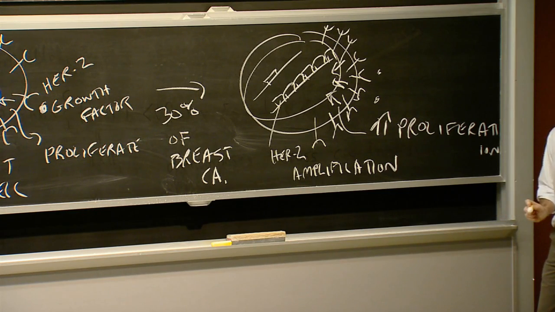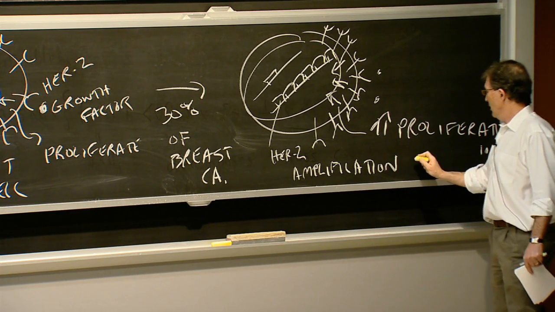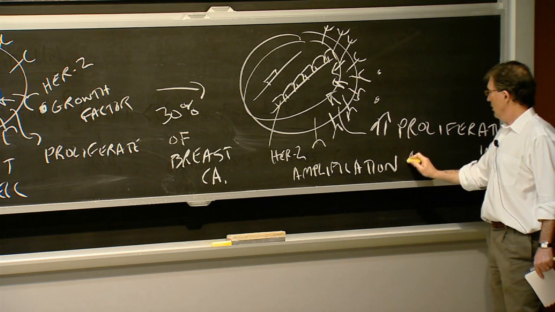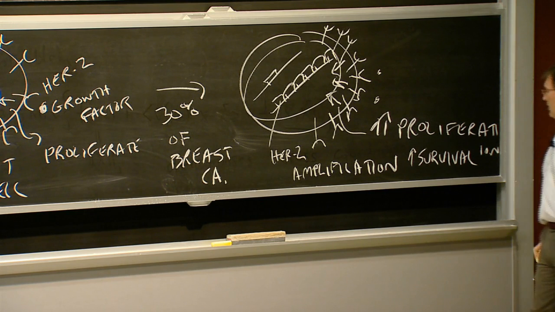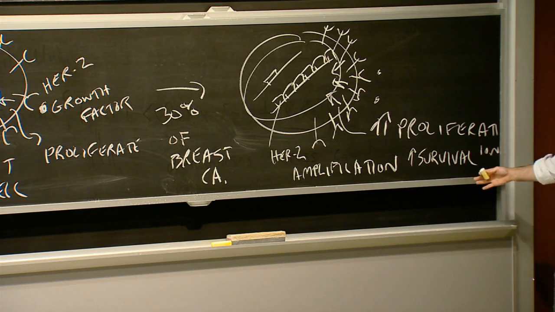Much higher levels of proliferation. This also affects the ability of the cells to survive, keeps them alive at times when they shouldn't be. Too much proliferation, too much survival.